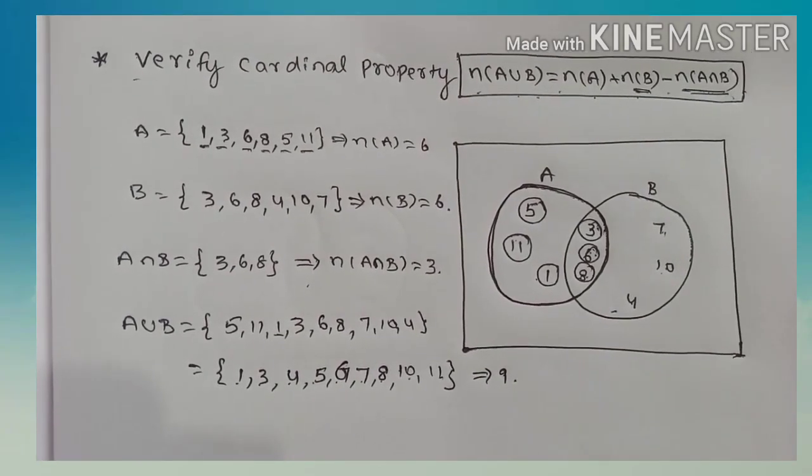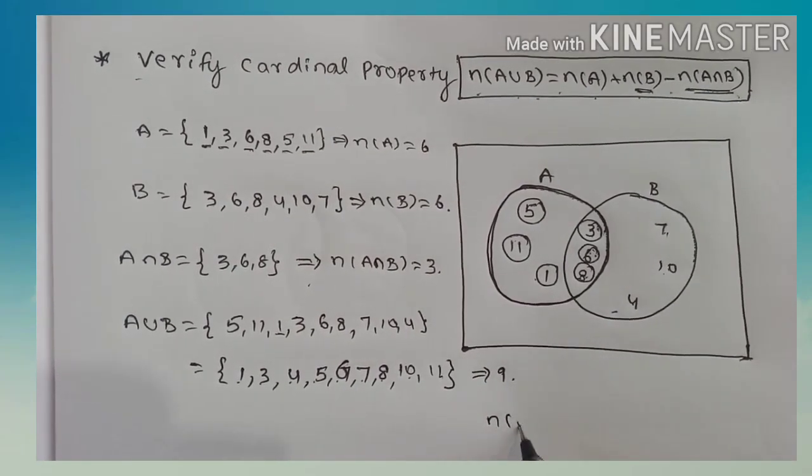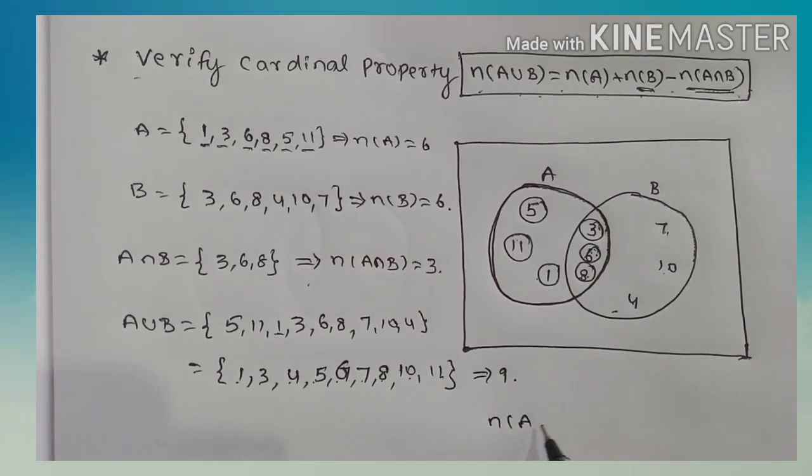Right, these 4 values you have to substitute in our regular cardinal property formula.